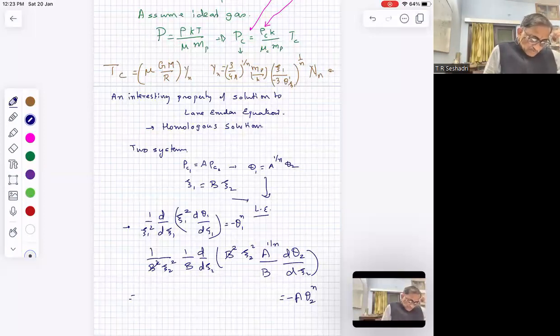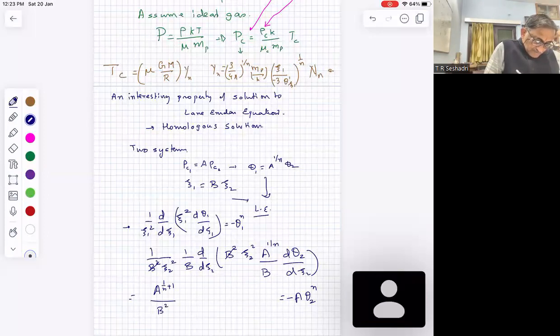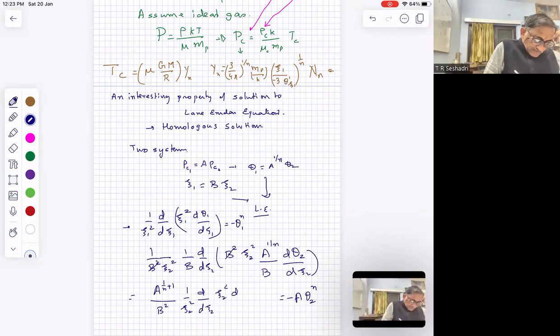And so I will have a power 1 by n plus 1 divided by b square, 1 by xi 2 square d by d xi 2 xi 2 square d theta 2 by d xi 2 is equal to minus theta 2 to the power n.